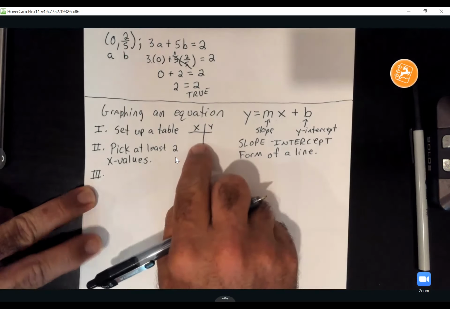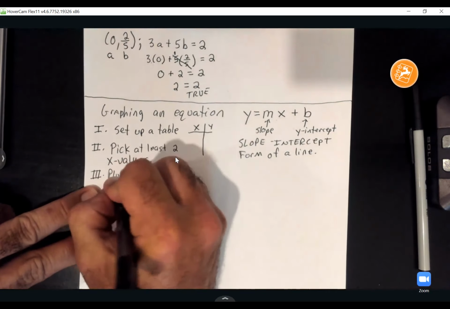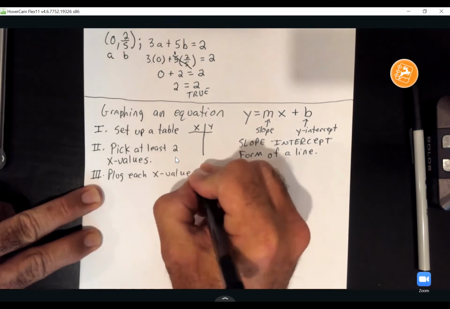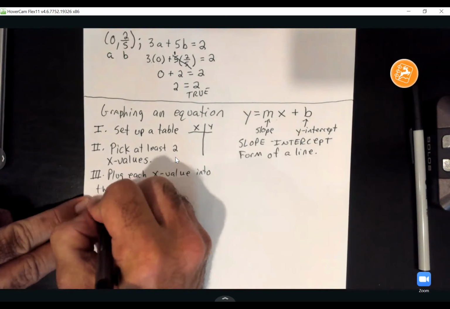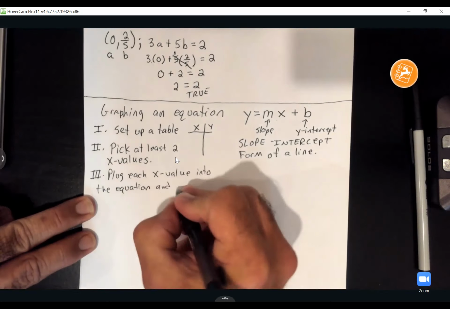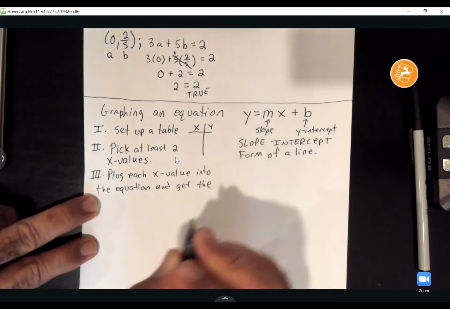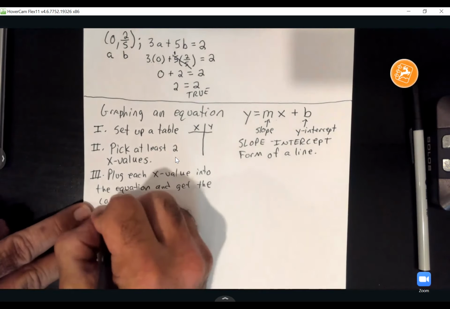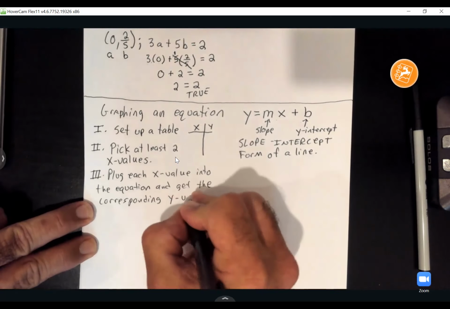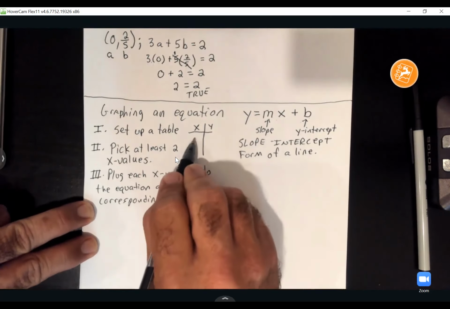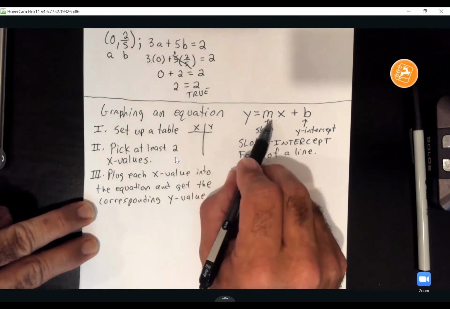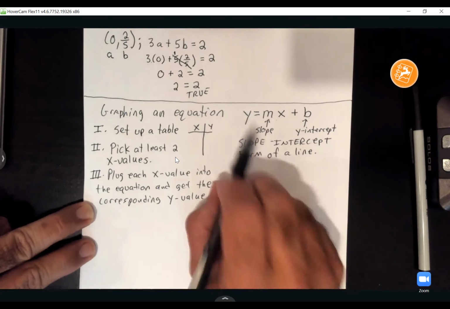So once I pick 2 x values, I'm going to plug each x value into the equation and get the corresponding y value. So I'll plug my first number in for the x, see what I get for the y. I'll take my second number, plug it into that x, see what I get for my y value.